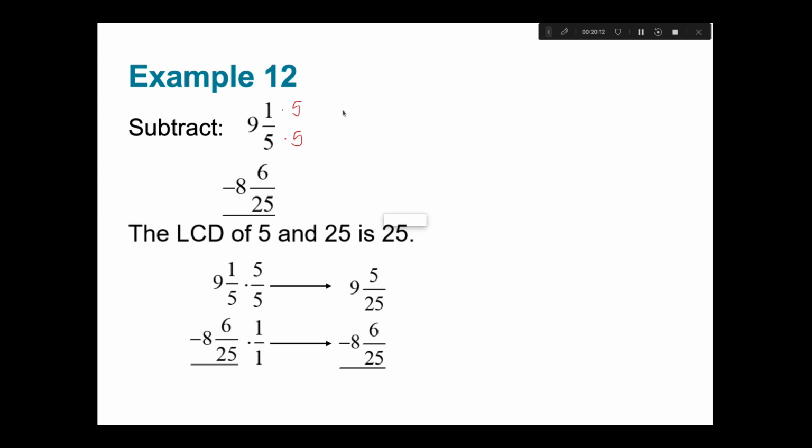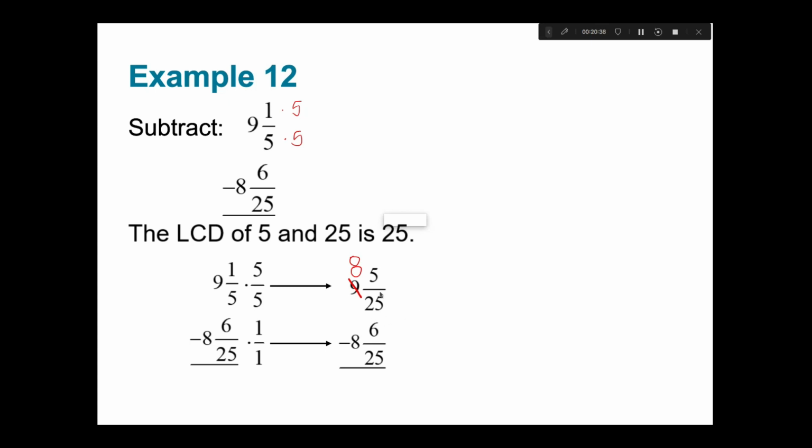Okay? When we borrow in a mixed number, we look at our whole number and I say, well, I'm going to borrow one there and that becomes an 8. That's normal. That's just what we do anytime we borrow, right? But in order to add it on to my fraction over here, I have to think about what that 1 that I borrowed looks like.